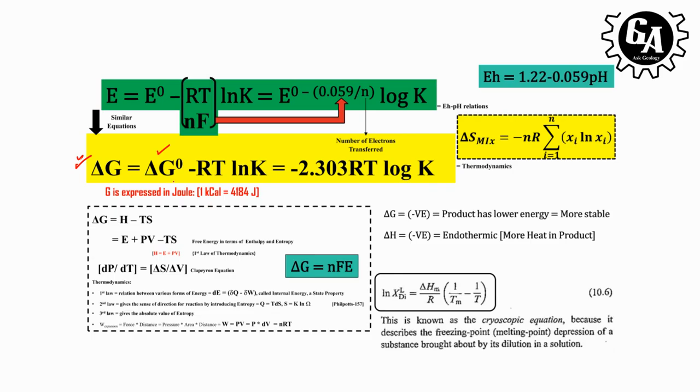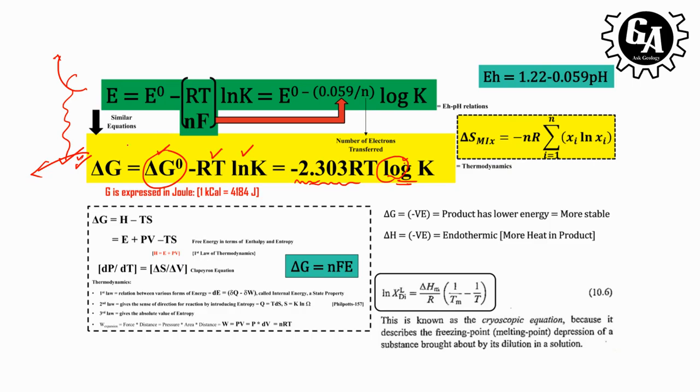You can see in this relation, delta G is equal to delta G0 minus RT ln K, which in case of log is 2.303 RT log K. And you can see there is a similarity between this free energy condition and the E0, this EH-pH relation.